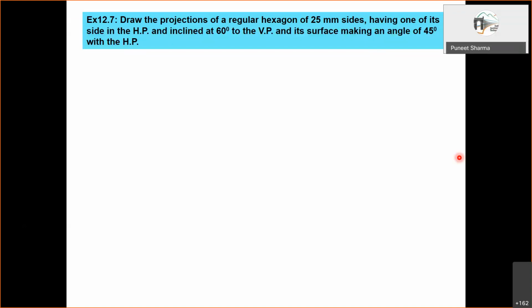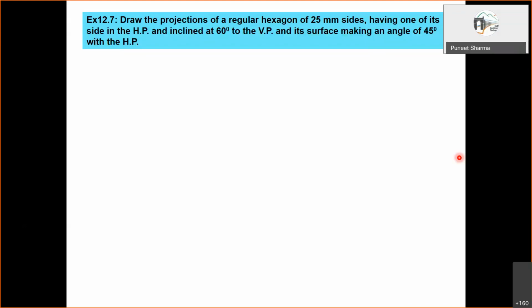So see, it is again a similar case. The only thing is now the plane figure is a hexagon. So first of all, we have to choose the initial position such that we will be able to draw the true shape of the hexagon, and then the other view we have to obtain as the line view. So that is the easiest option, right?